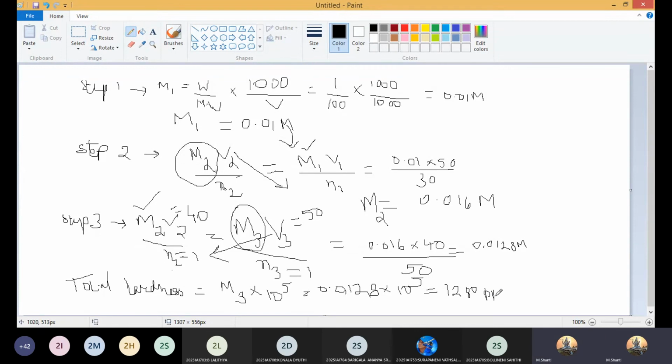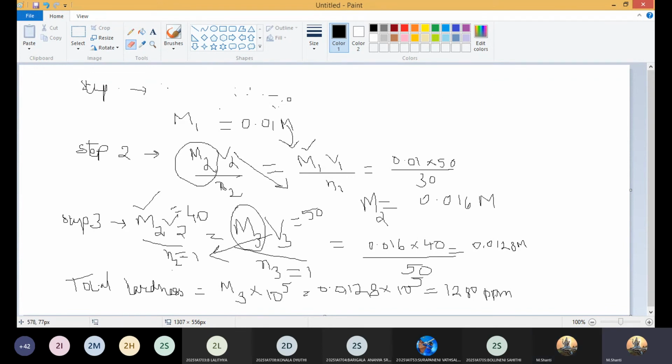So how to calculate permanent hardness? That is the last step. What is the formula for this? M2 V2 equal to M4 V4.